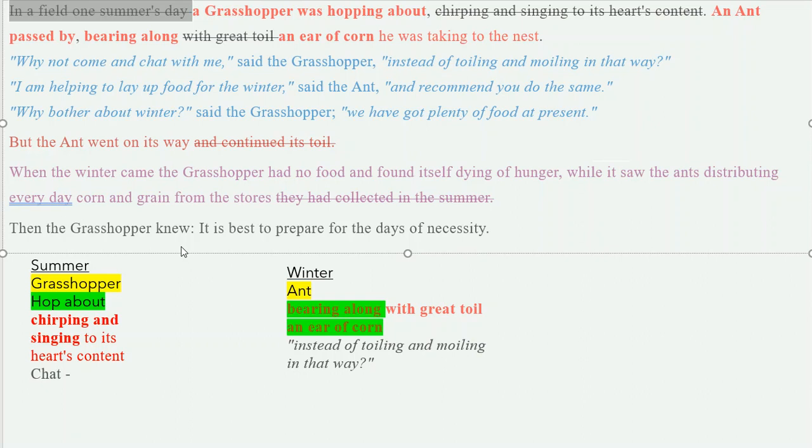It's a field, it's summer. And why do we have those words? For you to feel the relaxing bit of the story, right? Oh, it's just wonderful. If it is a field and if it is summer, all you want to do is just sleep or hop about if you're a grasshopper.